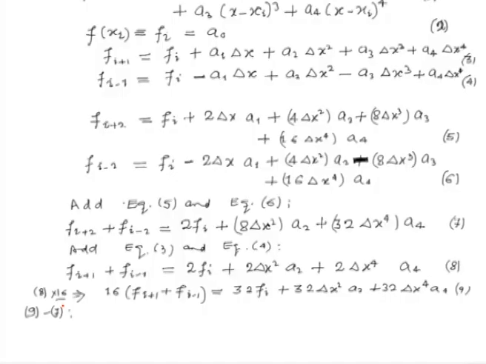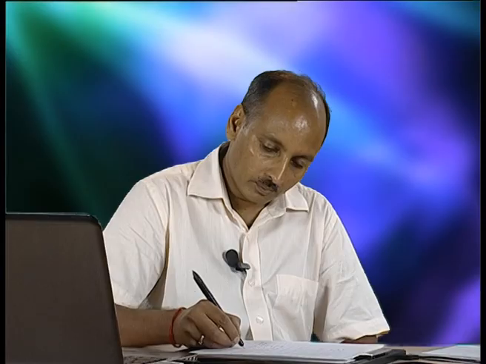So we get 16 of f of I plus 1 plus f of I minus 1 equal to 30 fi plus 24 delta x square a2, and on the left hand side we will have another term, minus of f of I plus 2 plus f of I minus 2.